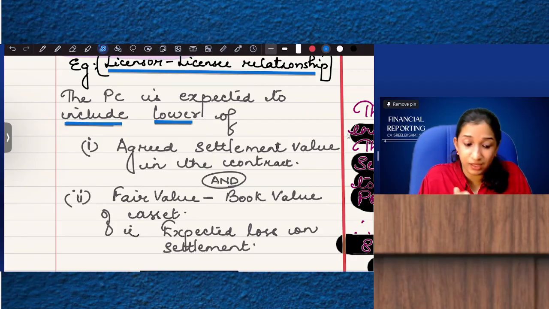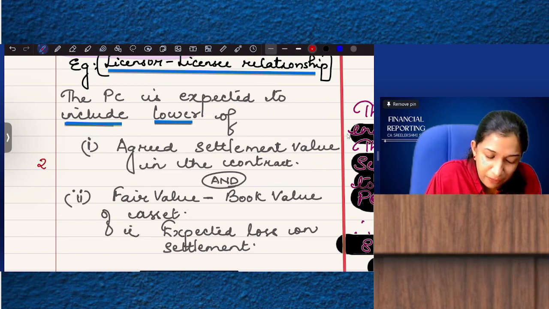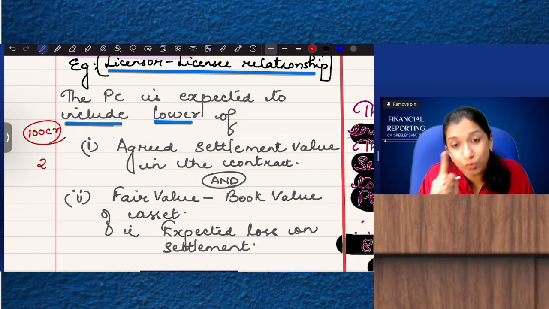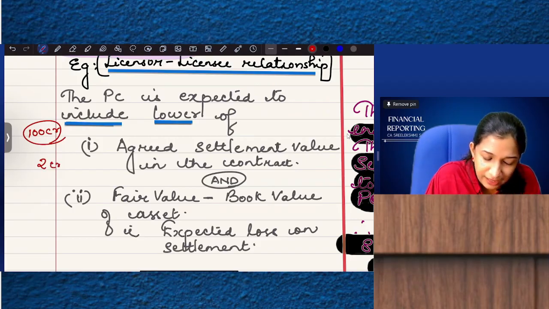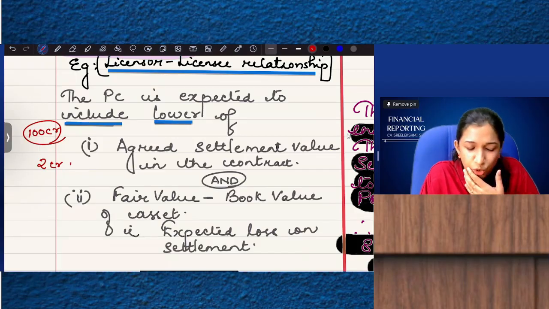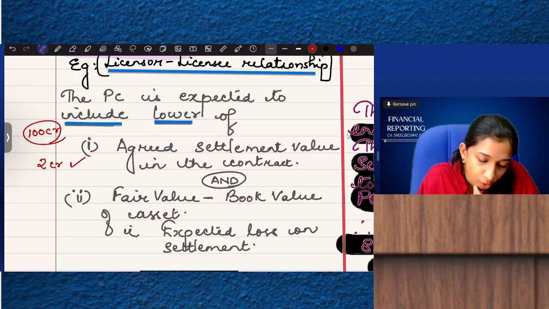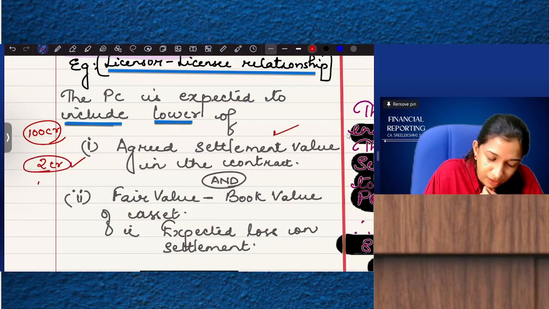Already it will be mentioned. So if purchase consideration is 100 crores and there is a reacquired right, which means there was a contractual relationship. Already it is mentioned in the contract that if the licensor or licensee cancels the agreement, 2 crore termination fees is to be paid. This is the agreed settlement value in the contract.